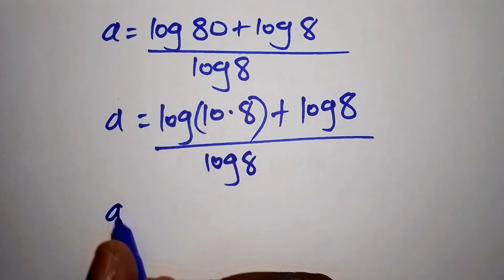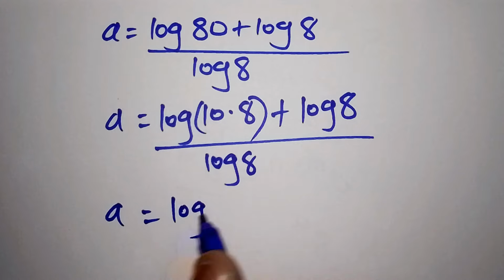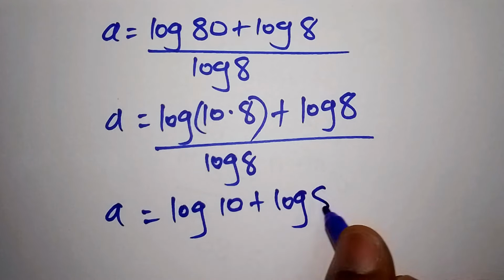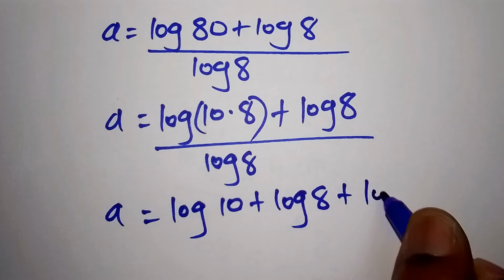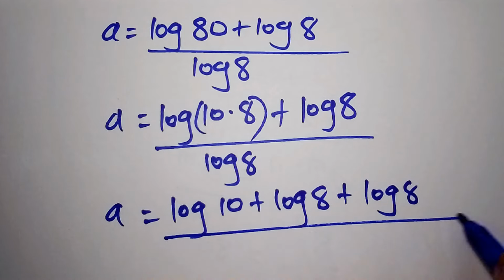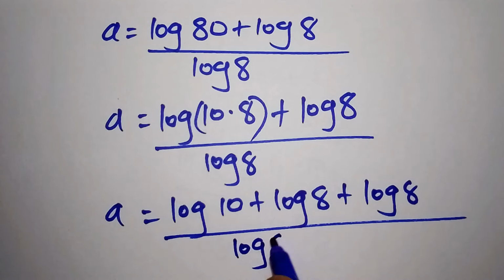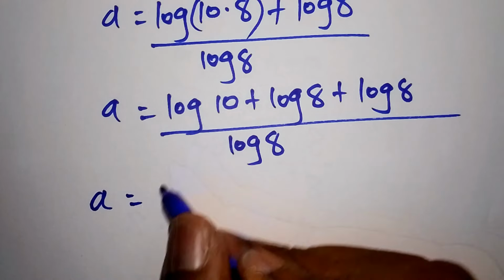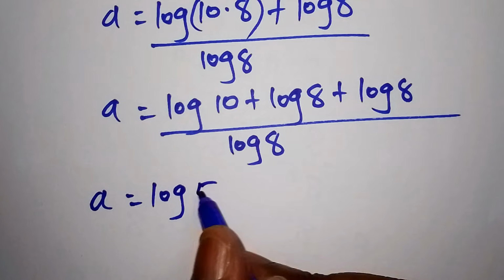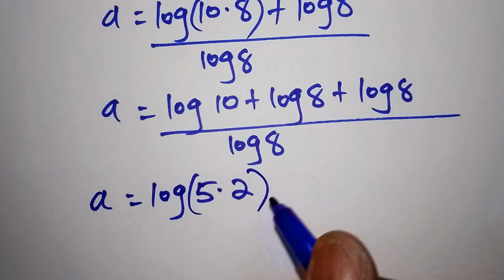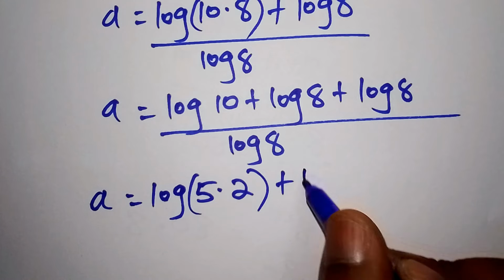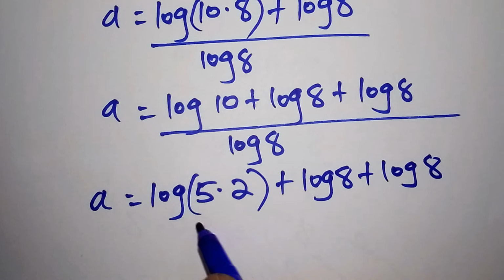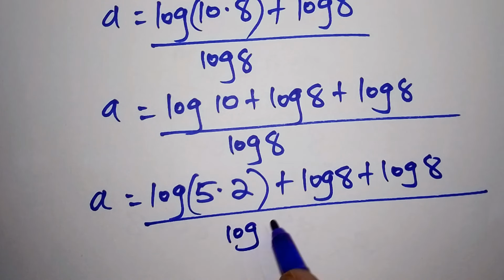So this one now shall say a is equals to the log of 10 plus the log of 8, then plus log 8 again, all over the log of 8. The next step, the value for a is equals to, log 10 can be written as the log of 5 multiplied by 2, plus log 8, plus the log of 8, all over the log of 8.